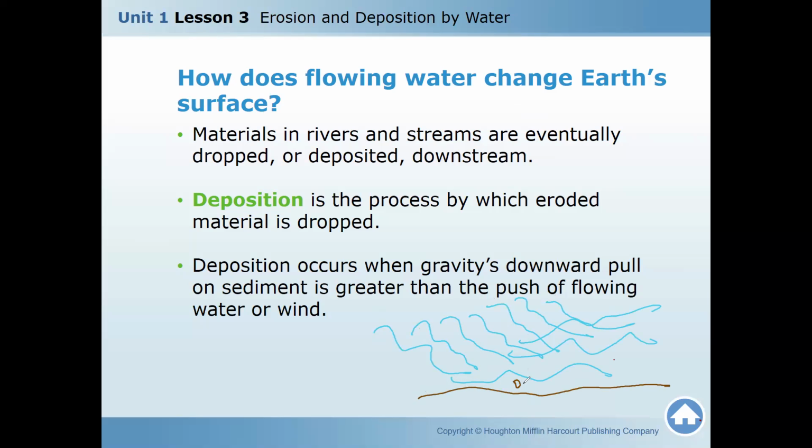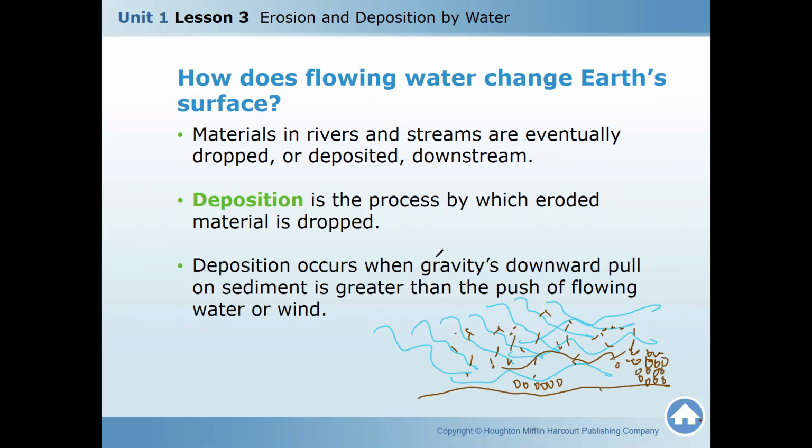Because this water is wearing away, these particles are moving with the water. These particles with the brown color are the sediments. Either they are dropped or deposited. They take away, and then when the pressure is not there, they go and drop somewhere, layer upon layer.